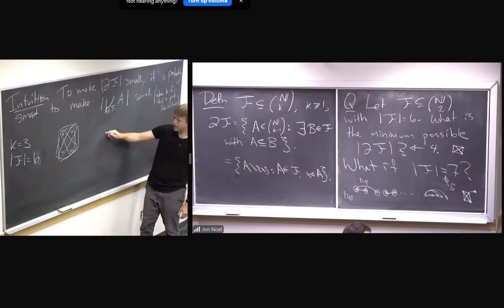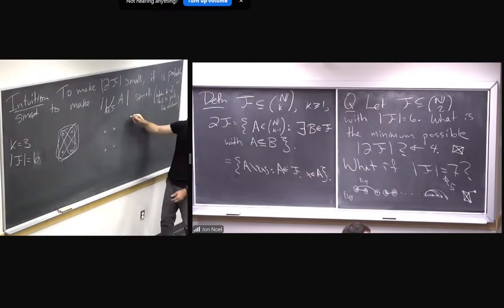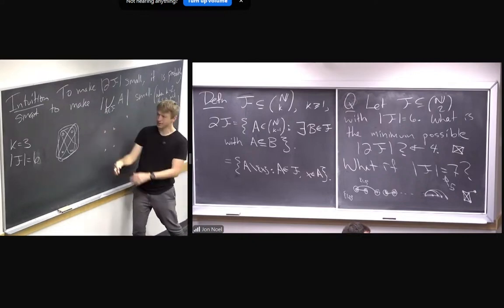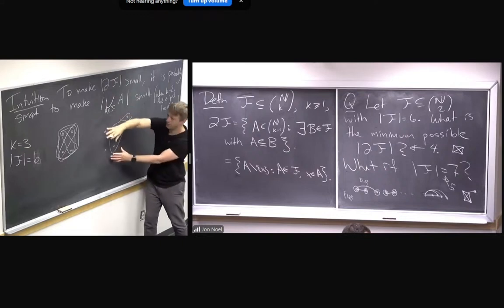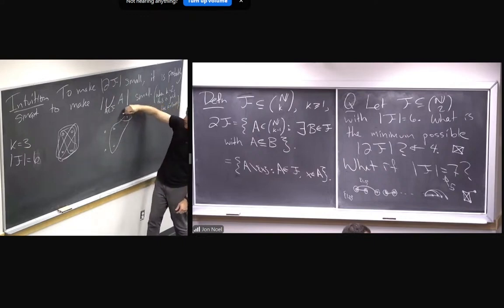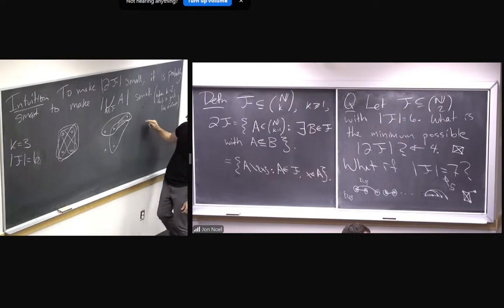If I had to take 2 more, let's say I want to augment this construction to add 2 more sets. You could do it like this, maybe. So these are the 4 where you've got all 4. I'm just drawing it like this for clarity. Or you could try to do something like this.